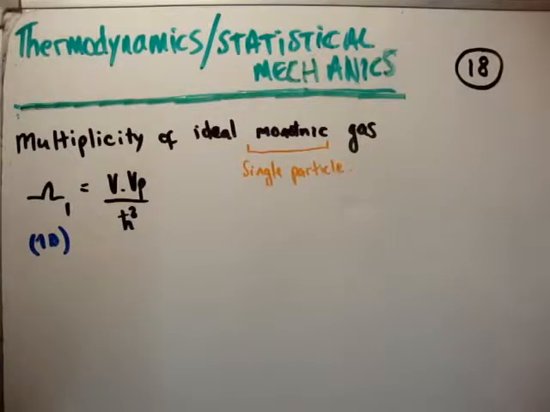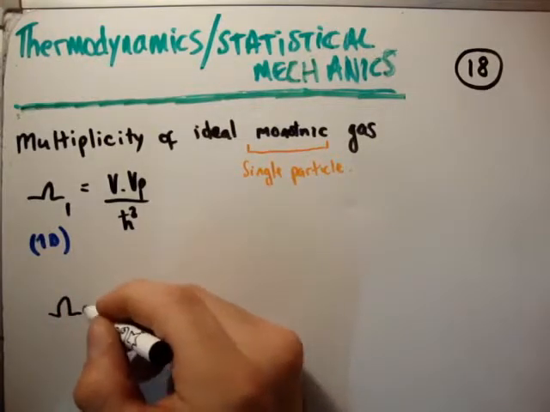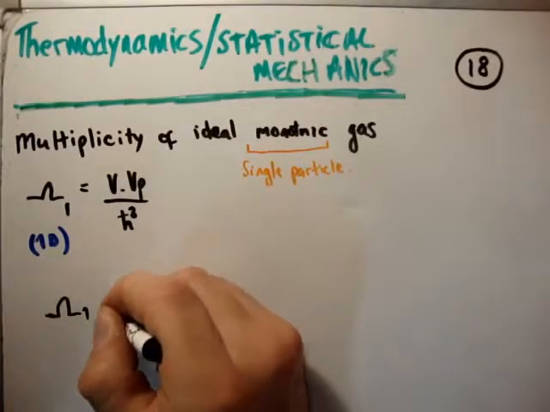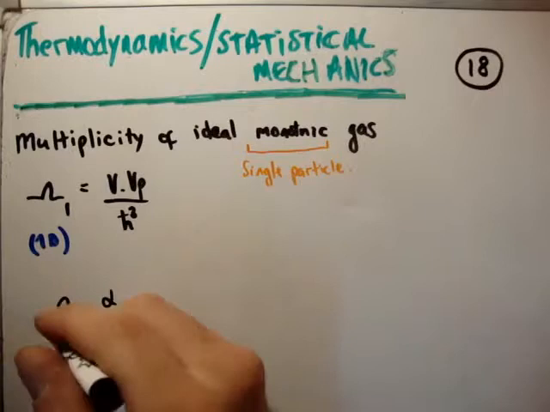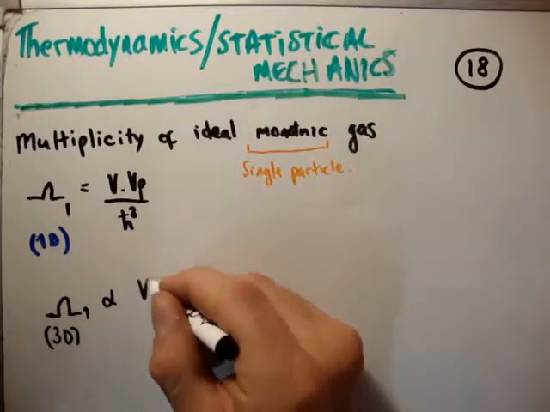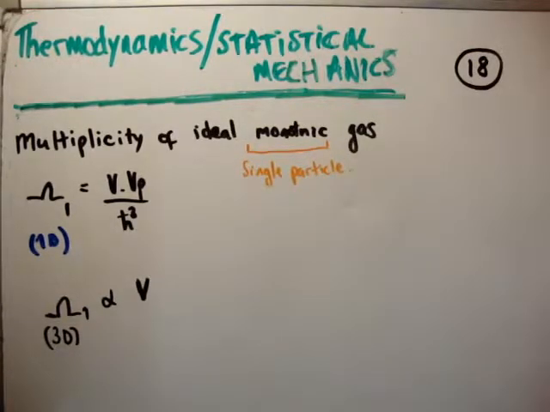So if that's the case, very generally we can say that the multiplicity of an ideal gas with one molecule, not in one dimension but in 3 dimensions, must be proportional to the volume in position space. Because think about it, if you have one molecule and you put it in a box and you close the box, it has a certain number of states.